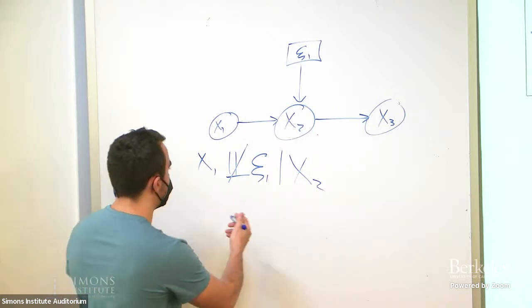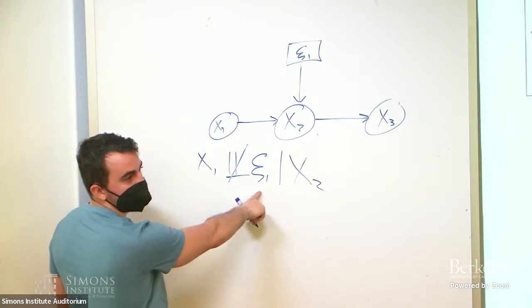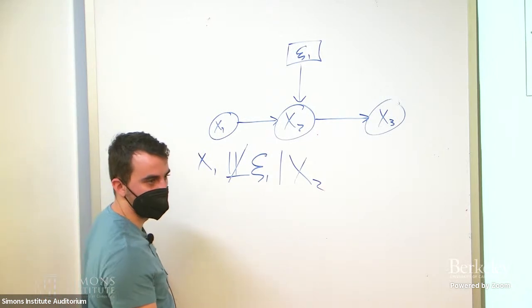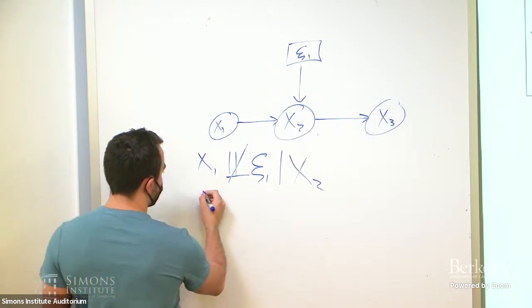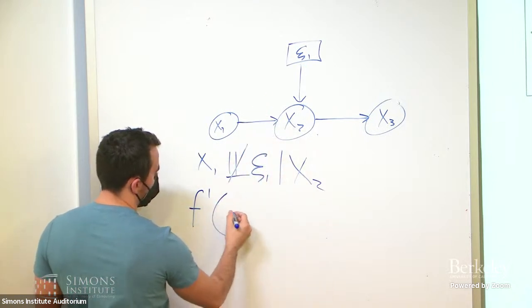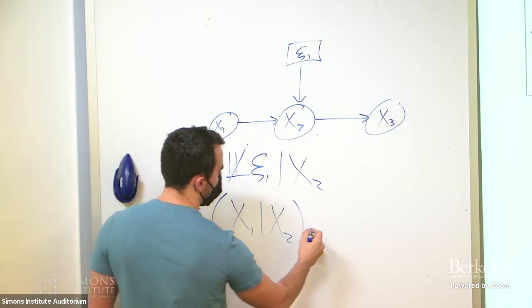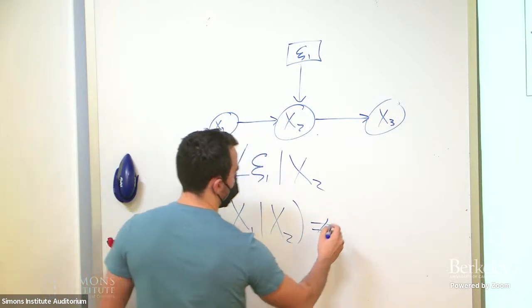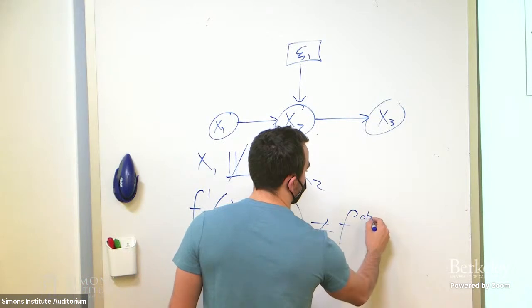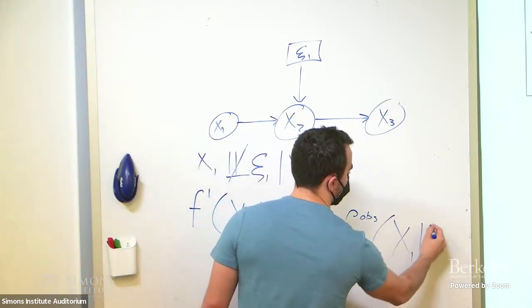Generally, if we interpret this 0-1 variable as telling us what setting we're in, it's saying that under this intervention, the conditional distribution of x1 given x2 is not going to be equal to the observational distribution of x1 given x2.